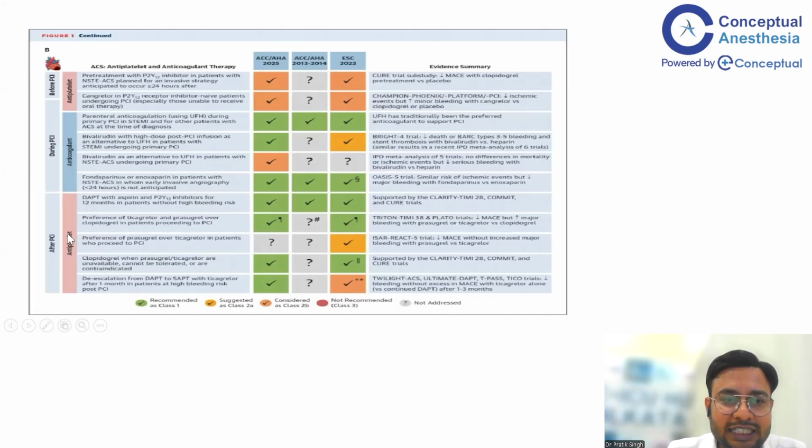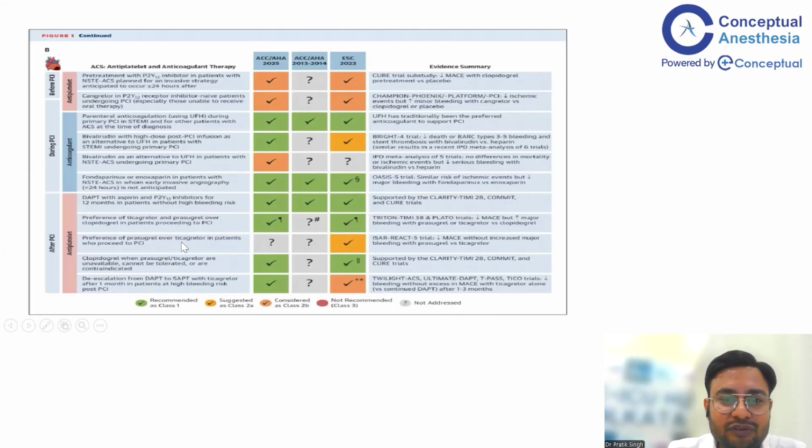Dual antiplatelet therapy has to be given with aspirin and one of the P2Y12 inhibitors, for a minimum of 12 months, as per both the AHA and European Society guidelines. The preference of drugs will be ticagrelor or prasugrel over clopidogrel because of more reliable effect when the patient comes out of the PCI and is sent back home.